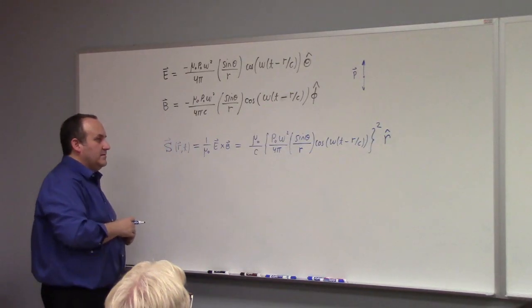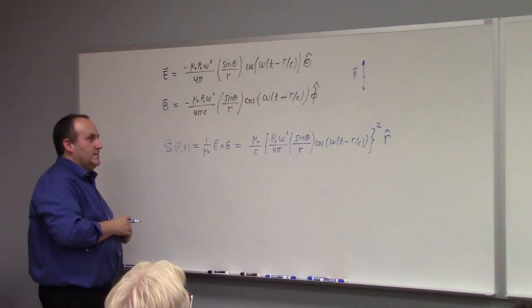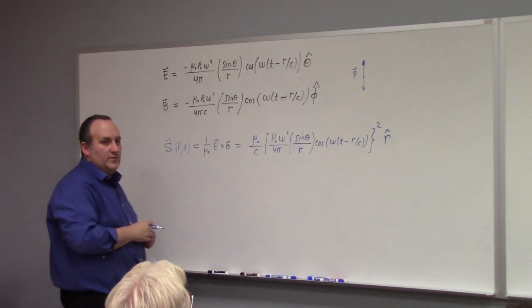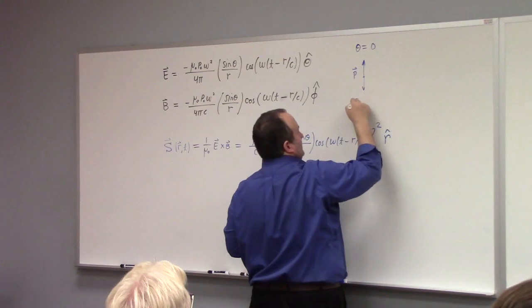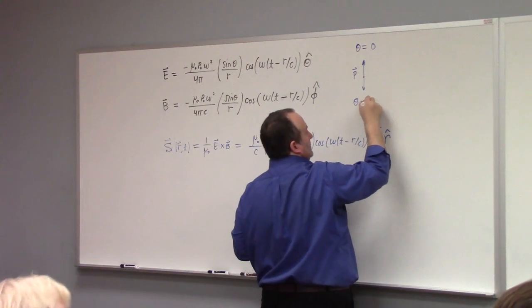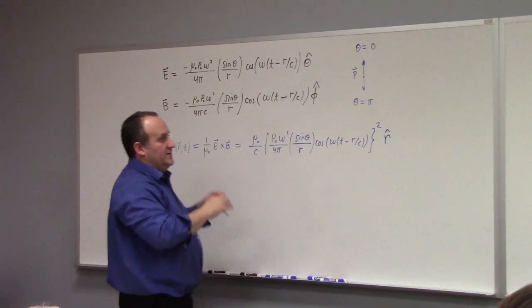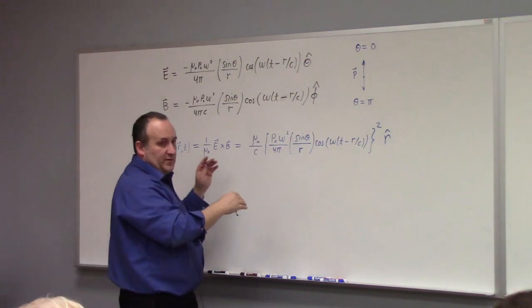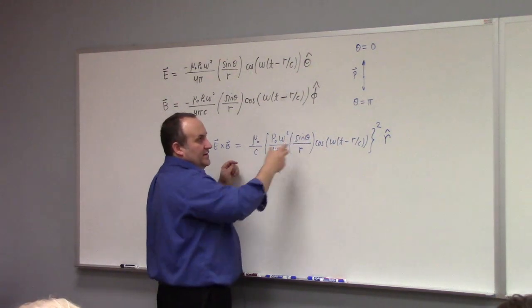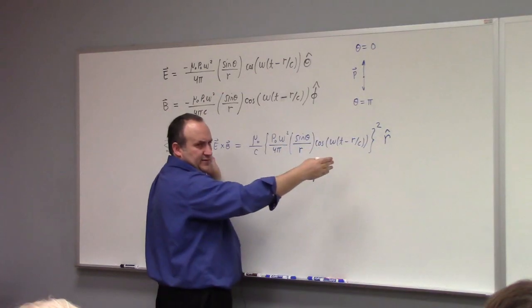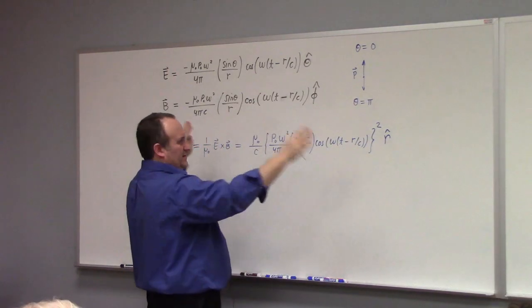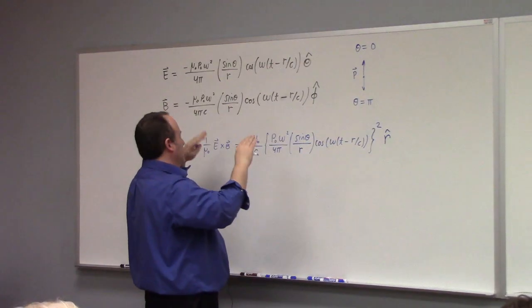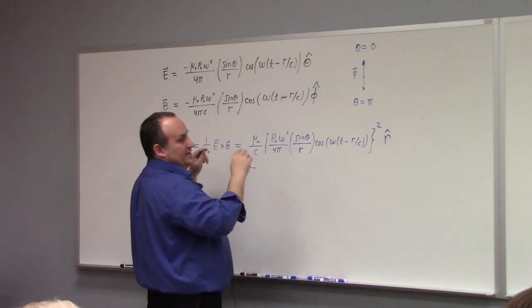So theta equals 0 is up here, and theta equals pi is down here. He has a picture of it in the book, but basically, and it's squared too, which means it doesn't go negative. Anyway, it gives you a donut.